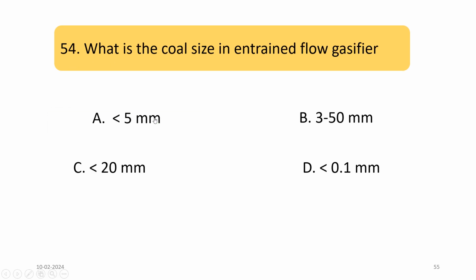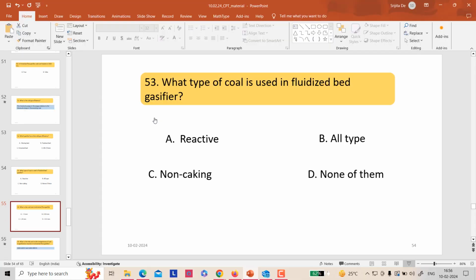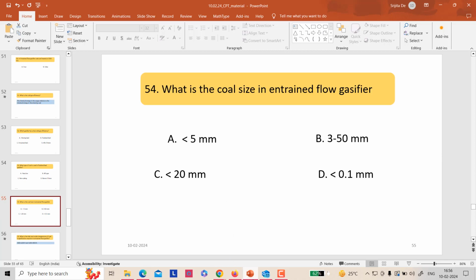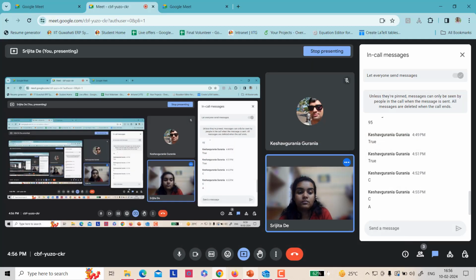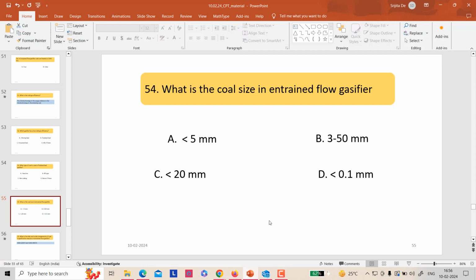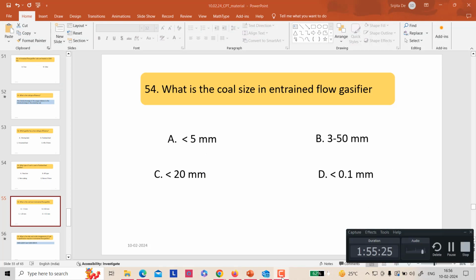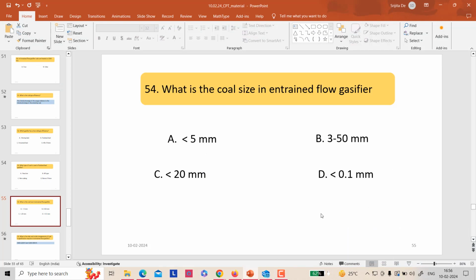Next is, what is the coal size in entrained flow gasifier? Option D, ma'am. Yes, option D.